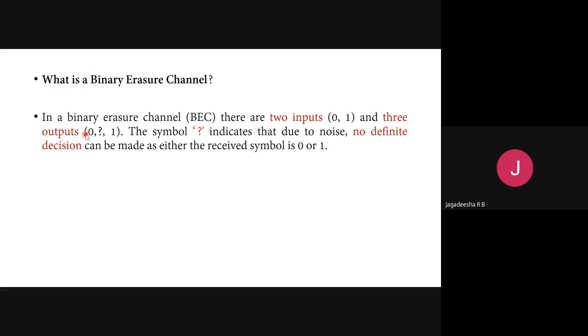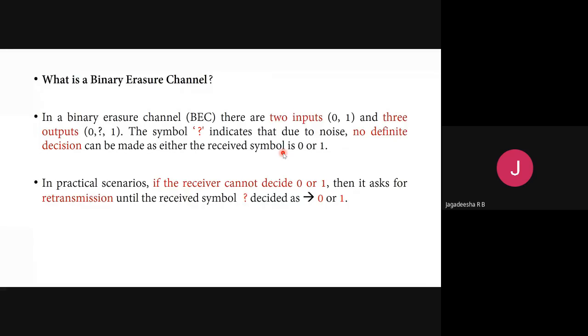In this case, we had 3 outputs: 0 or 1 or something else, which is neither 0 nor 1 as predicted by the receiver. The symbol here, the question mark, indicates that due to some noise in the channel, no definite decision can be made. Either it was symbol 0 or 1, the receiver could not make a proper decision. That leads to retransmissions.